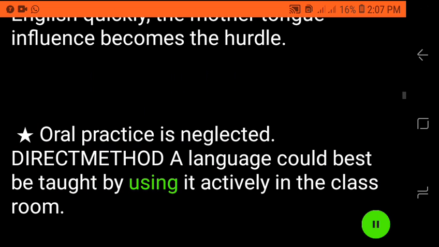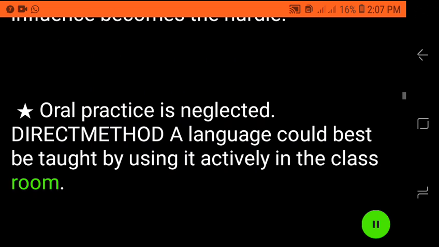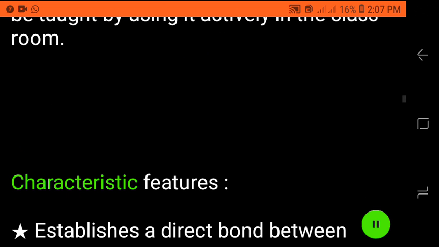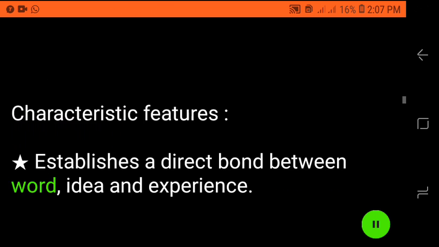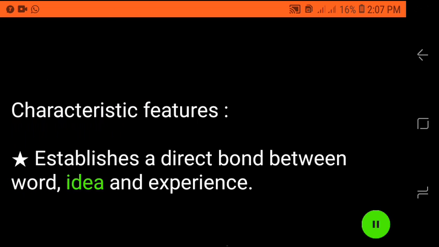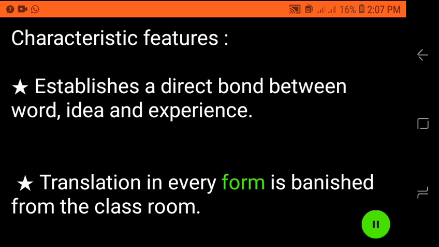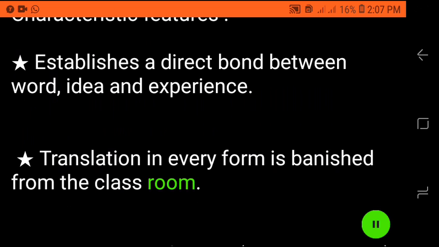Direct method: a language could best be taught by using it actively in the classroom. Characteristic features. Establishes a direct bond between word, idea and experience. Translation in every form is banished from the classroom.